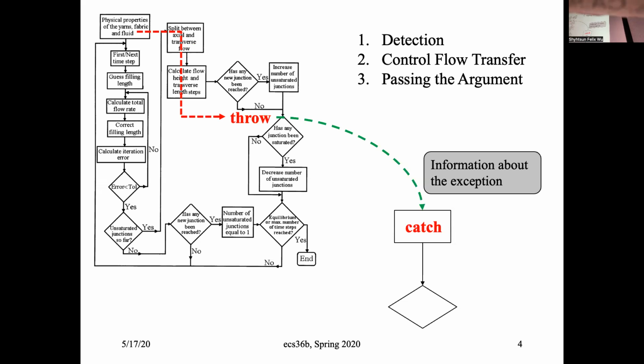Anywhere deep, maybe 3 or 4 layers down, there might be some kind of exceptional condition that triggers code related to the throw statement. So let me just show you this one.